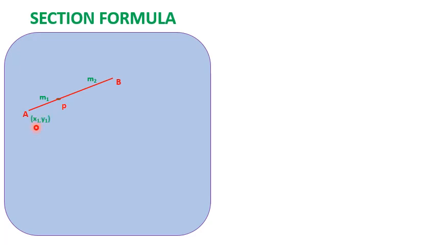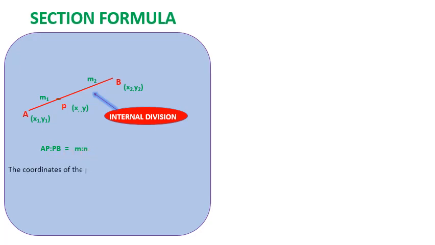The coordinates of A are x1, y1, coordinates of P are x, y, and the coordinates of B are x2, y2. And the point P lies between A and B. We can say that the point P is dividing line segment AB internally in a ratio m:n.